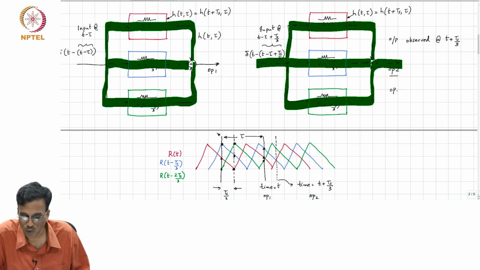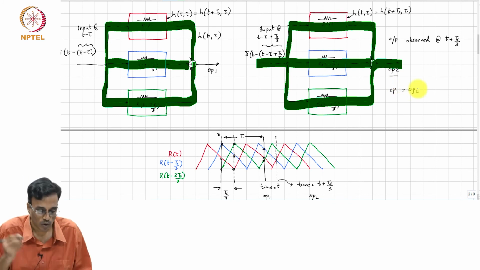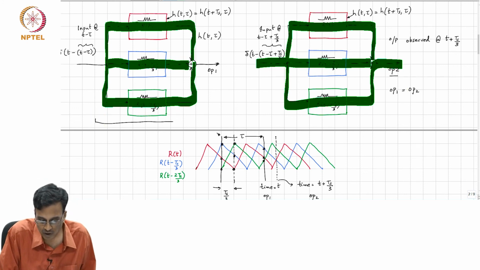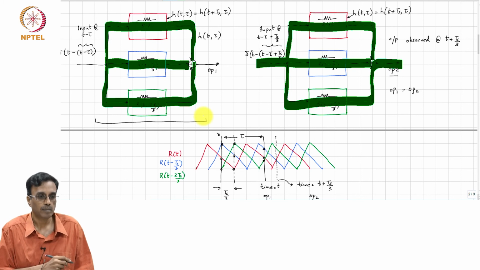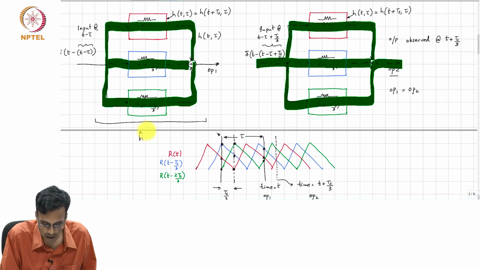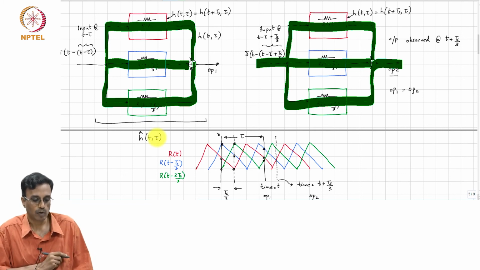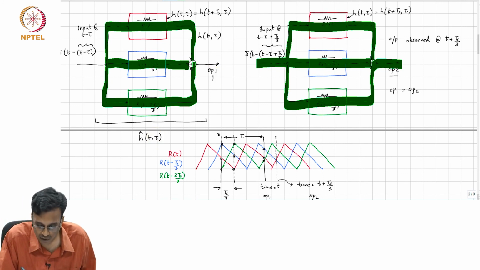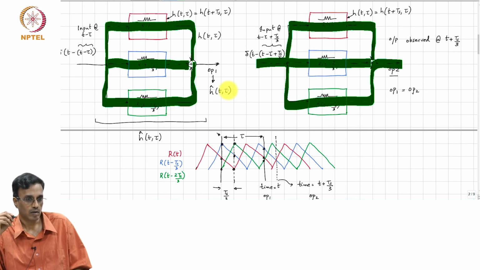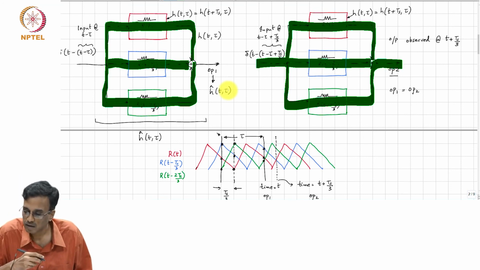So, output 1 is going to be the same as output 2. If you think of the impulse response of this composite system as H hat of t comma tau, this is after all an LPTV system in its own right, and so the output of the system at t is simply H hat of t comma tau.